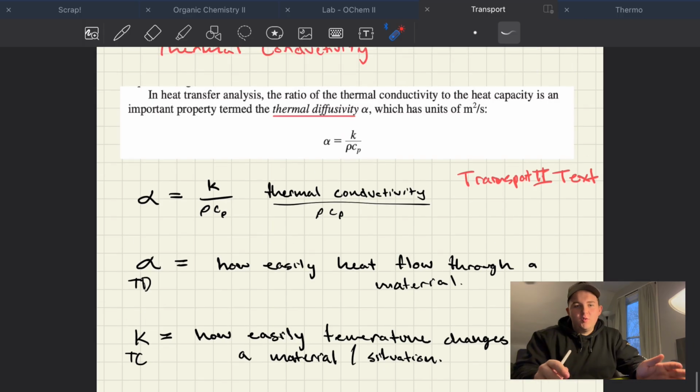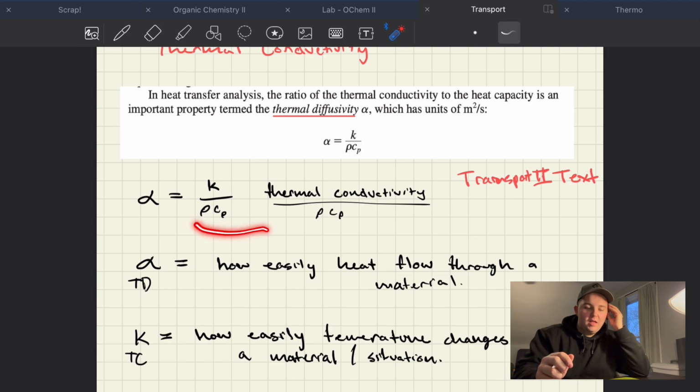So that's really the short of it. That's my best explanation, is that without thermal conductivity, you couldn't have thermal diffusivity.